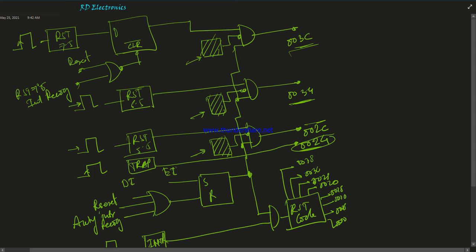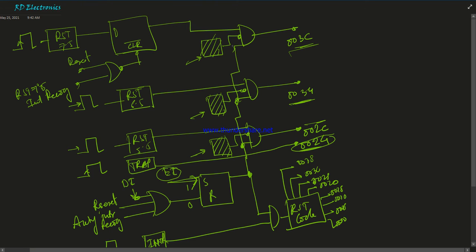And one thing should be remembered: for any interrupt process to start, enable interrupt is necessary. When enable interrupt is 1 and this is 0, then this output equals 1, and then the 3 AND gate inputs equal 1. If interrupts are not enabled, and the disable interrupt pin goes high, then this output equals 0.